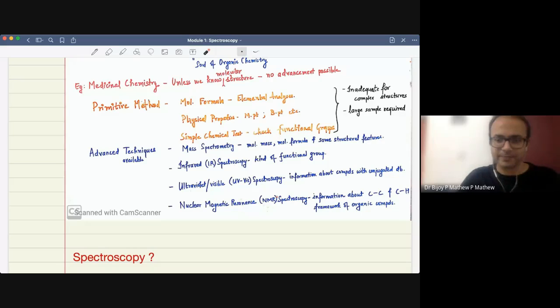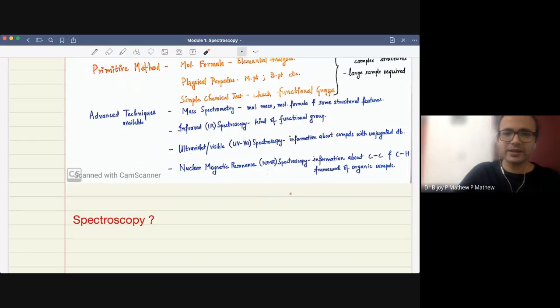Okay, so moving further, here I would like to understand what you know about it. You know that there is something called spectrometry used here, and in other techniques you see the word spectroscopy being used.